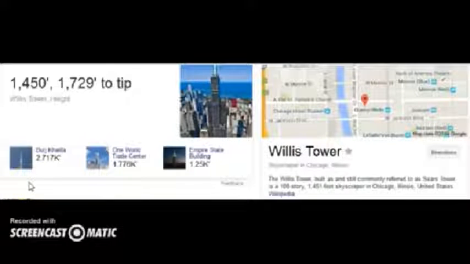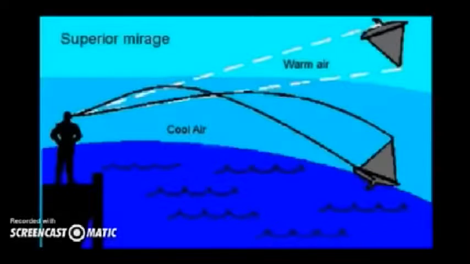So the Sears Tower, also known as Willis Tower, being at 1,700 feet to the tip, the whole tower basically should be behind the horizon or the supposed curvature of the earth.